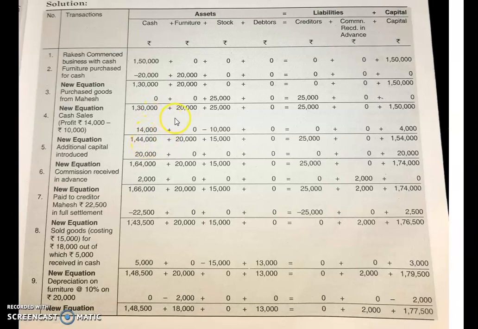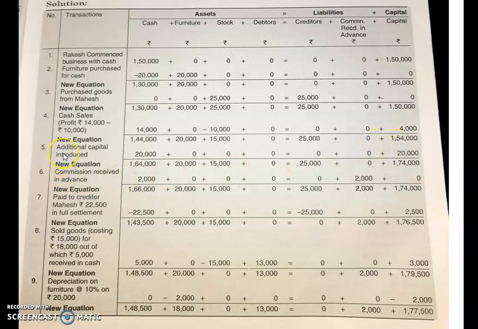Furniture 20,000, bring it down. From the stock of 25,000, you have sold 10,000. So how much stock is remaining with you? 15,000, that you will show over here. Creditors 25,000, then capital 1,54,000 after adding this profit.